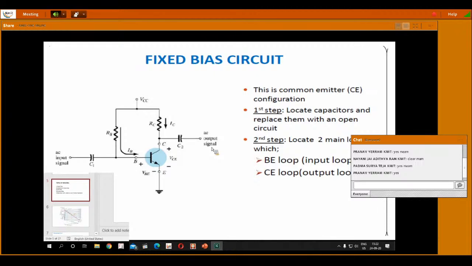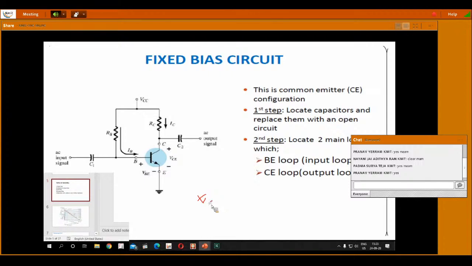Done. So first, we have to analyze the DC characteristics of this fixed bias circuit. In order to obtain the DC characteristics, let me replace C1 and C2 with an open circuit. In a DC analysis, what is the reactance offered by the capacitor?